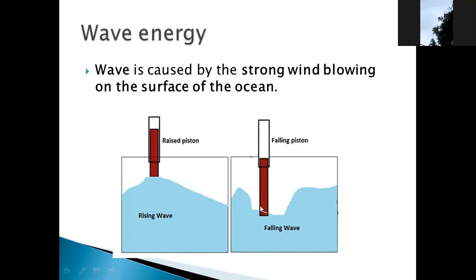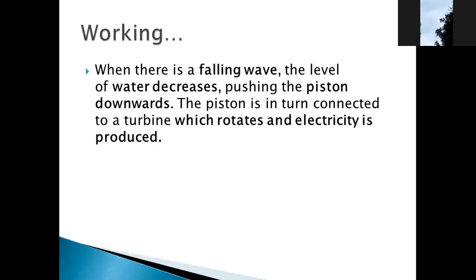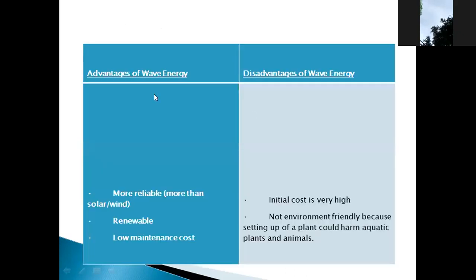In that movement also, as the piston moves up or down, it is still able to rotate a particular turbine. So I've explained that. The piston is connected to a turbine which produces electricity. So you can see the advantages and the disadvantages.